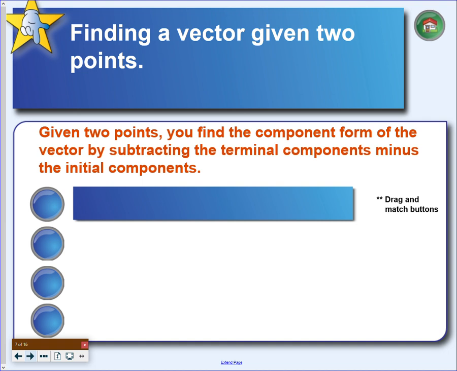So if you've got 2 points on a vector, and again, we refer to those 2 points, if I've got a vector like this one here, then we've got the terminal point, and we've got the initial point, right?